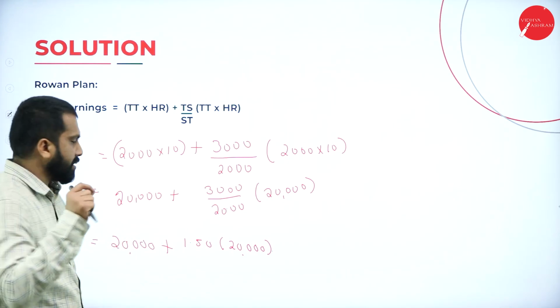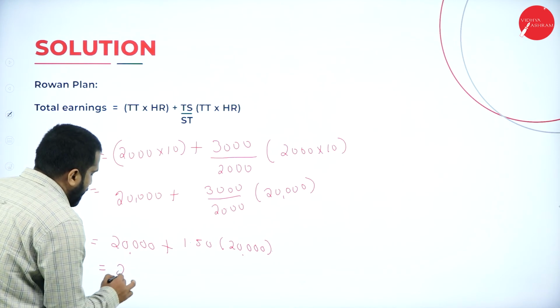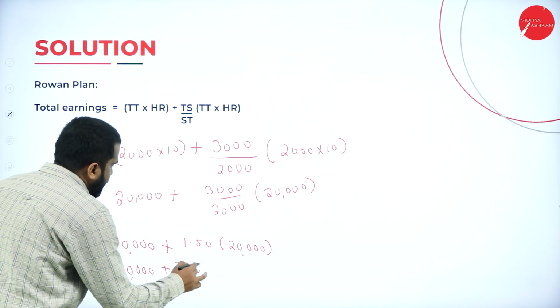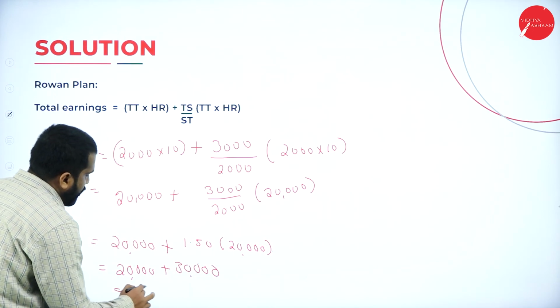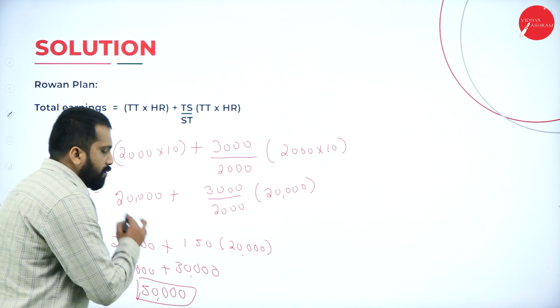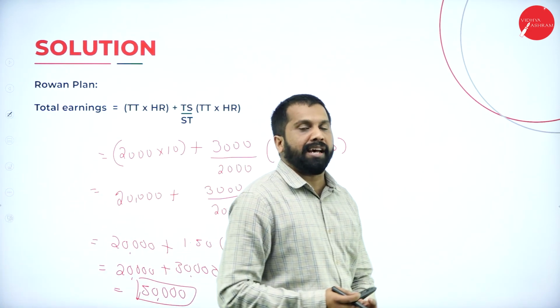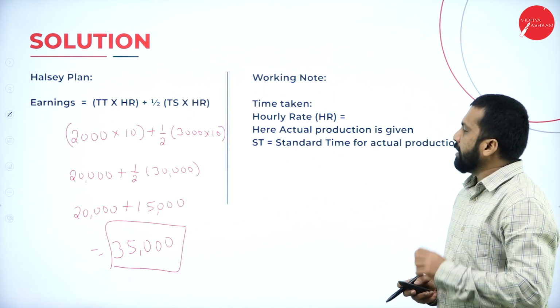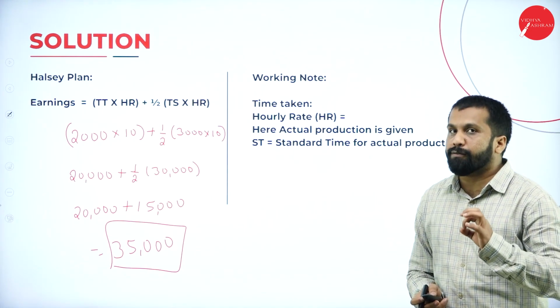What is the answer? 30,000. 20,000 plus 30,000. What are his wages? 50,000. If you go with the Rowan plan, he will get 50,000. If you go with the wholesale plan, he will get only 35,000.